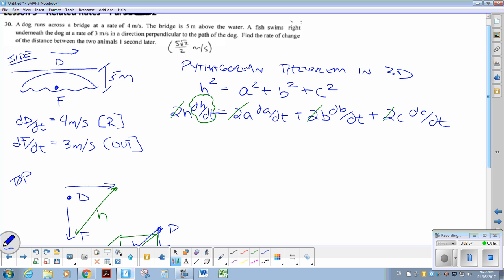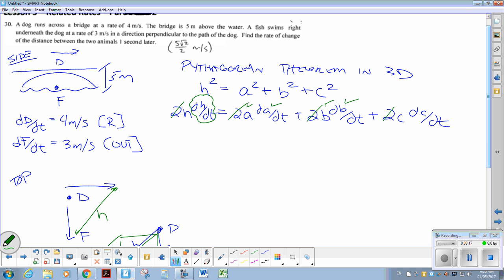I can find h. I'll have to use the formula to find that, so in a second I'll do that. I do know a. That's going to be how far the dog has traveled after a second. I know his rate, dB by dt, let's call that the fish. I know how fast the fish is traveling, so that means I can tell you how far it went.